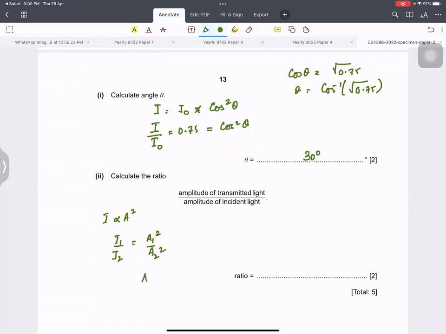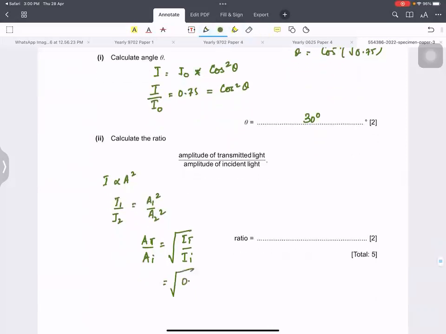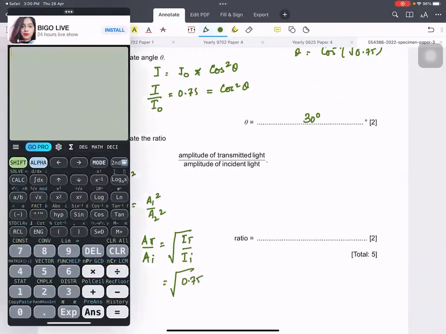Now, A1 over A2 is equal to, I'm talking about transmitted and incident, the square root of intensity of transmitted over intensity of incident, right? Like that. So what you do then, this whole factor was actually 0.75. So we're going to take the square root. This comes out to be 0.87.